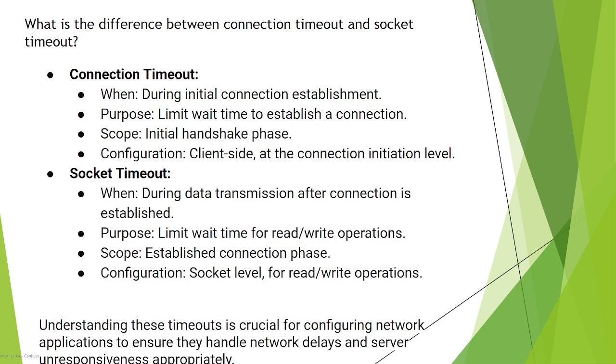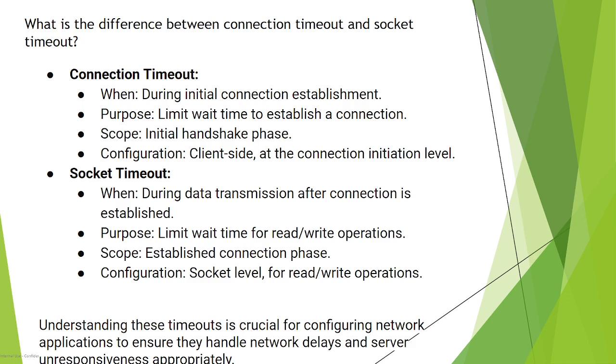What is the difference between connection timeout and socket timeout? This is one of the questions that can be asked during the screening process. Connection timeout is a process that happens during the initial connection establishment. Its purpose is to limit the wait time to establish the connection.